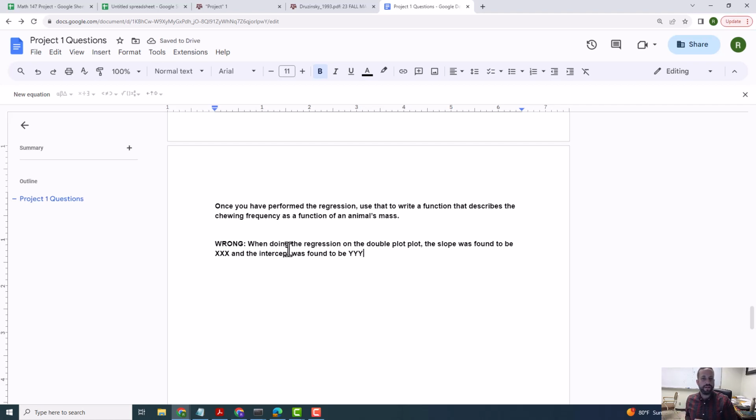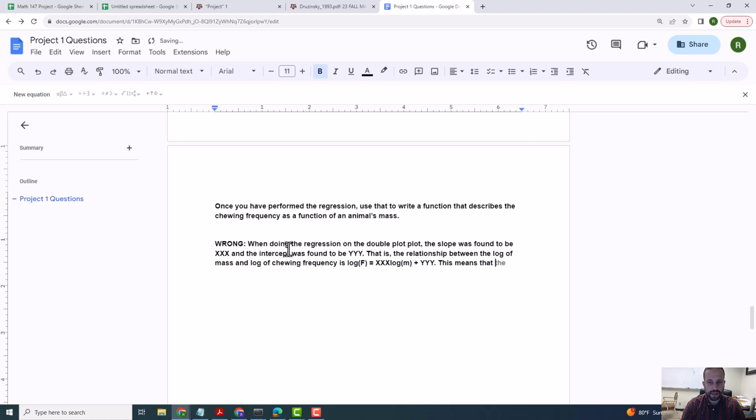When doing the regression on the double log plot, the slope was found to be xxx, and the intercept was found to be y. That is the relationship between the log of mass and log of frequency, chewing frequency, is log of f is equal to xxx log of mass, I'll just do m for mass, plus y.